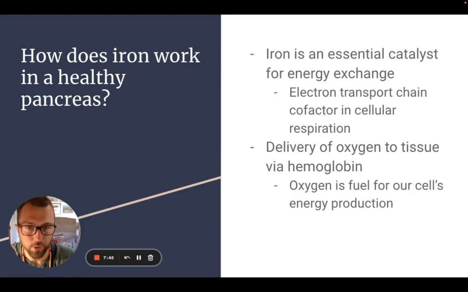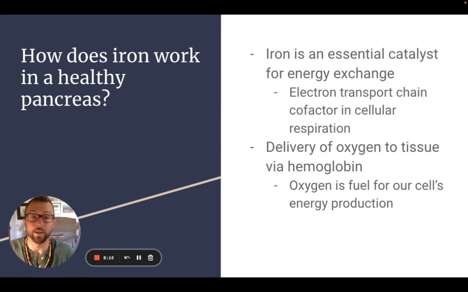So in a healthy pancreas, it's important to note that iron is an essential catalyst for energy exchange. Okay, so the electron transport chain, the ETC, which is our mitochondria's main way, like the only way of making energy for our cells, uses iron as a catalyst for creating energy.